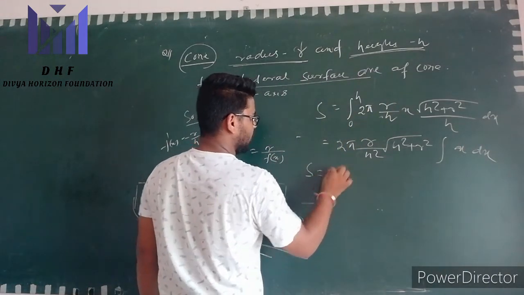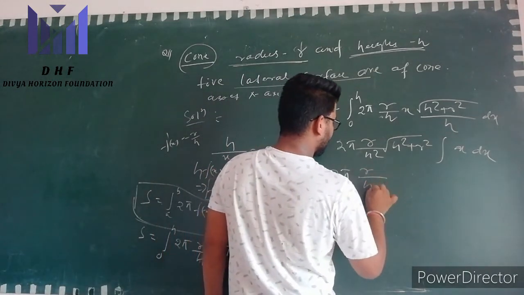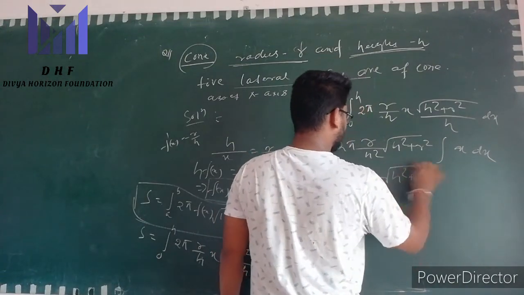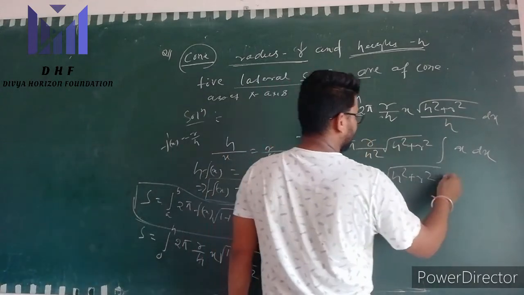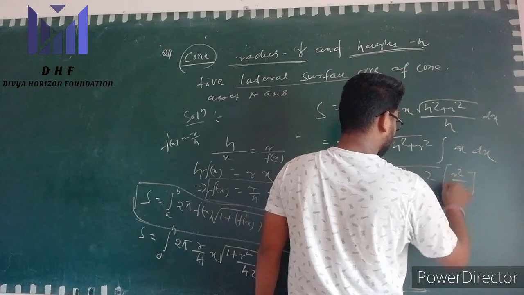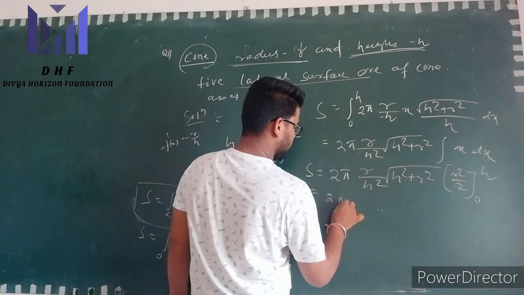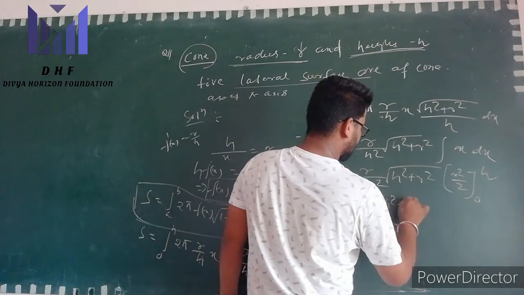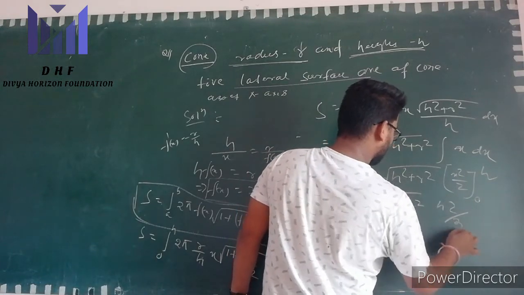So S is equal to 2 pi r upon h square, root of h square plus r square, the integration 0 to h, where x square upon 2 from 0 to h, then 2 pi r upon h square, root of h square plus r square, h square upon 2.